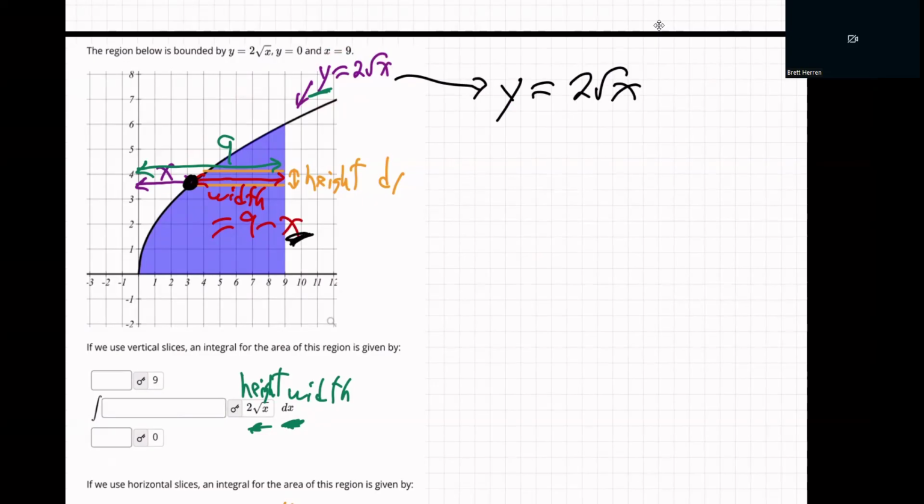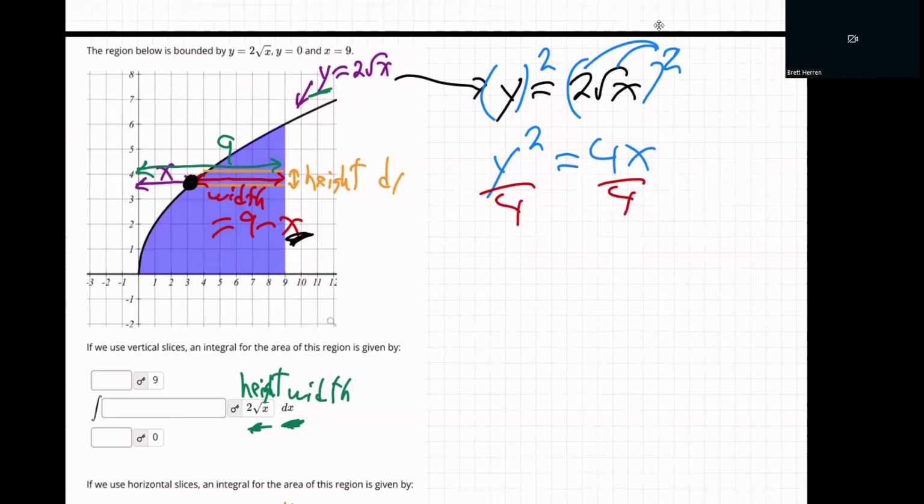So how do you do that? Second power both sides. That'll be y squared equals 4x, because you second power the 2 and then you remove the root. And then now divide by 4 on both sides. Boom, x equals y squared over 4.